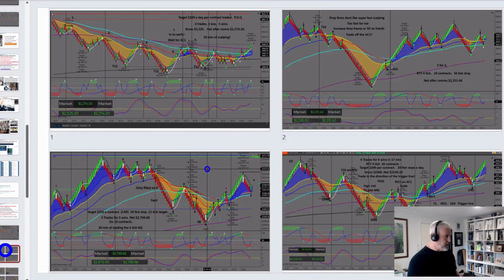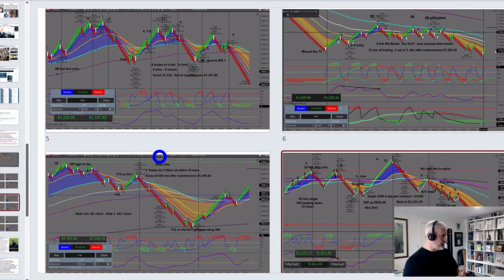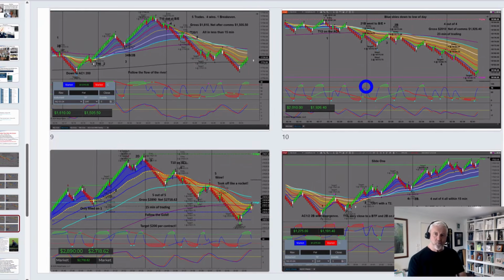Now also, these setups are nothing new or unique. Some of these markets are the Russell, some are oil, some are gold. It really doesn't matter which market you're trading with this.